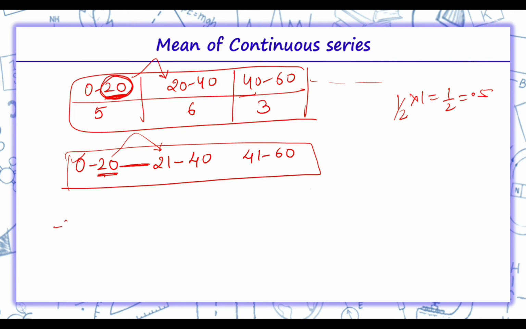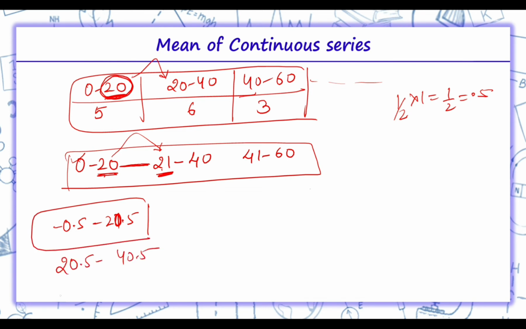So it will become minus 0.5 to 20.5. Similarly, for here it will become 20.5 to 40.5, 40.5 to 60.5. So when we do like this, the series will be converted into a continuous series.